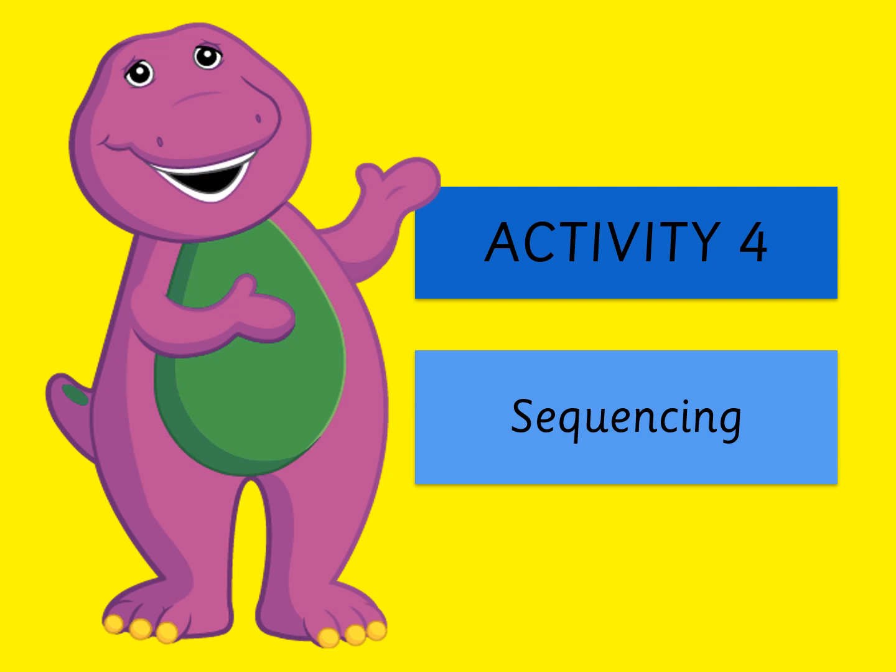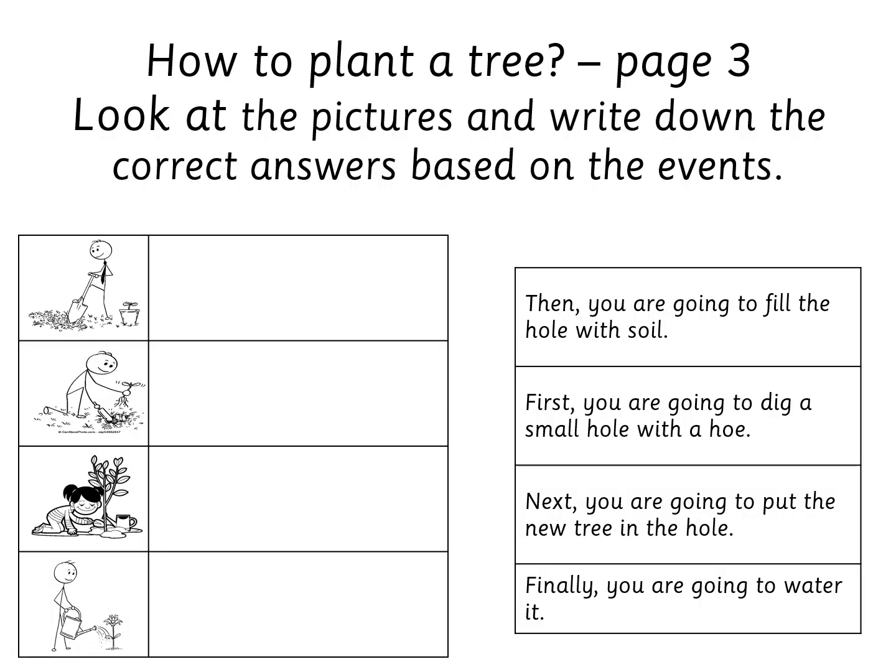Now, for activity 4, you are going to sequence some sentences. How to plant a tree on page 3. Look at the pictures and write down the correct answers based on the events. Now, let's read the sentences first. Then you are going to fill the hole with soil.